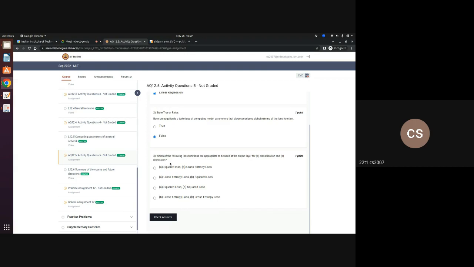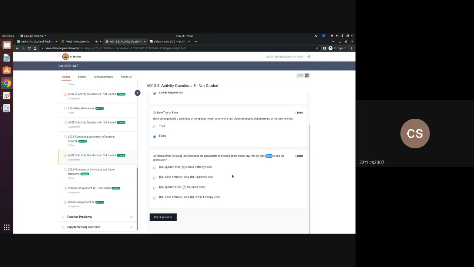Next one. Which of the following loss functions are appropriate to be used at the output layer for classification and regression? I told you, in case of classification, if it's a binary classification problem, then you will use logistic loss, the binary cross entropy loss.